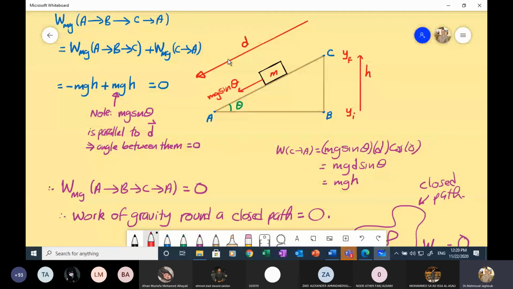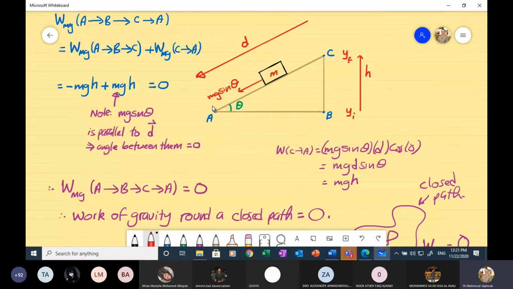So the angle between them is 0, and cosine 0 equals 1. So we have mg sine theta multiplied by d multiplied by cosine 0, which equals mgd sine theta. But we know from before that d sine theta is called h. So it is mgh.